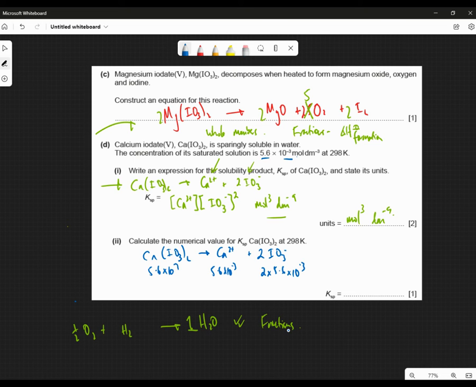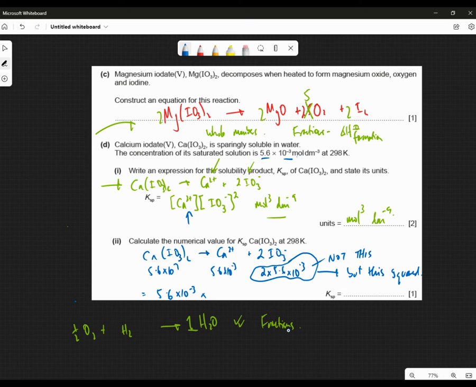Okay, so now let's work out our Ksp. It's 5.6 times 10 to the minus 3 times not this, but this squared. A lot of people get confused about this.